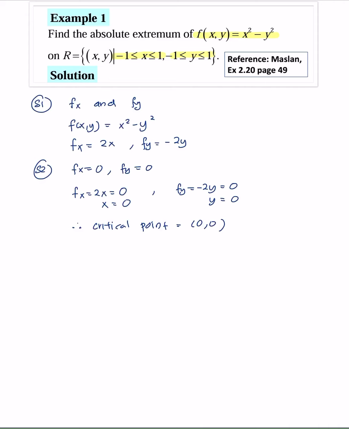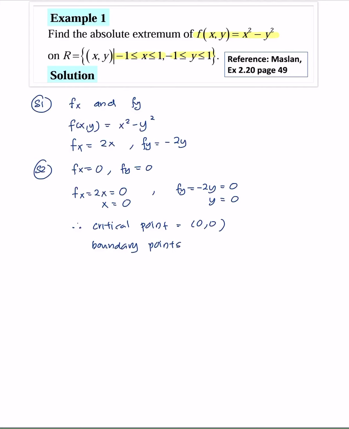Now we want to test. We want to find the value of f on the critical points and also the values on the boundaries, and then we can compare. The points we're going to look at are the critical point and the boundary points.